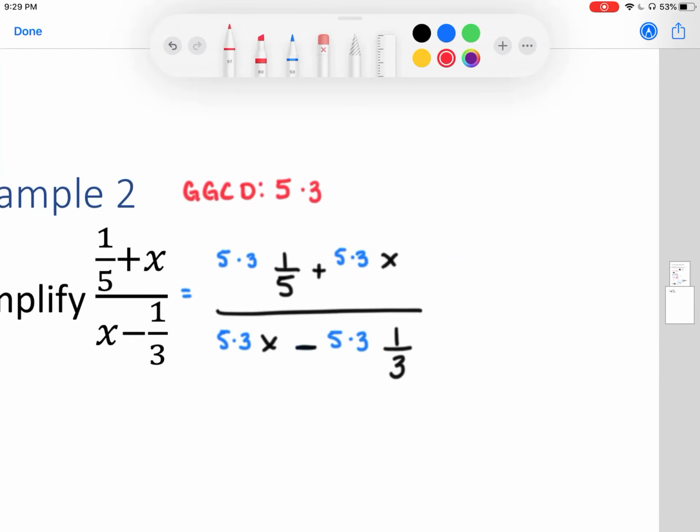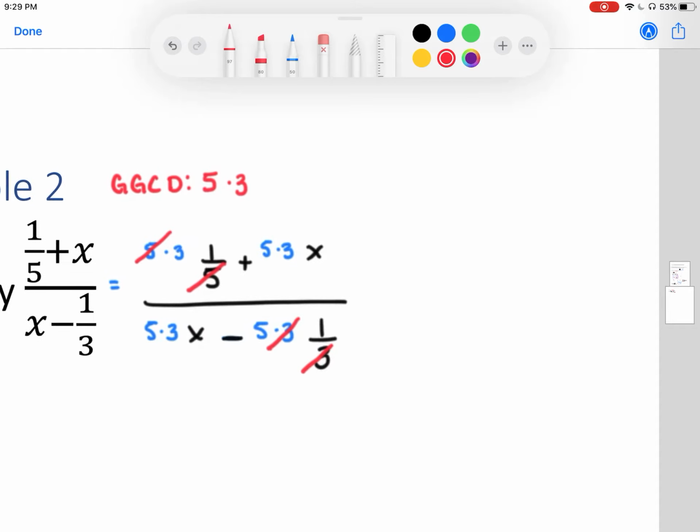So what this does is the 5 and the 5 make 1, and the 3 and 3 divide to make 1. They cancel. So what are you left with? You're left with 3 times 1 is 3, plus 5 times 3 times x is 15x, divided by 5 times 3 times x is 15x, and 5 times 1, you minus 5.